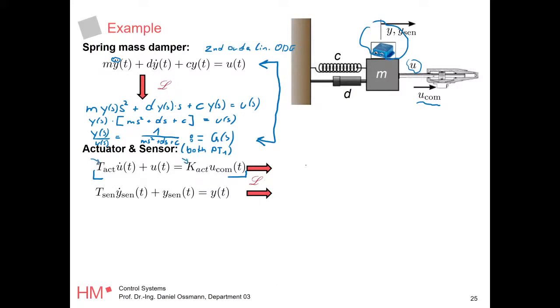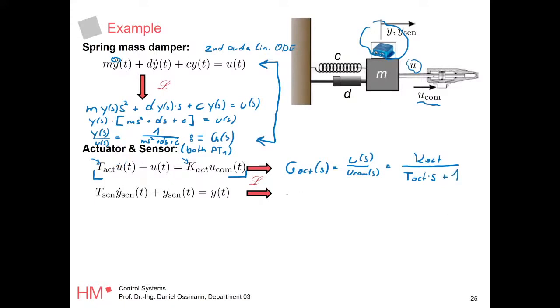So if you do the transformation, and let's call the transfer function G actuator, it's going to be the output, U of S, over the input, U commanded of S. And if you apply the same scheme as above, you will see that it's going to be K actuator over T actuator times S, because we have a first derivative here, plus 1.